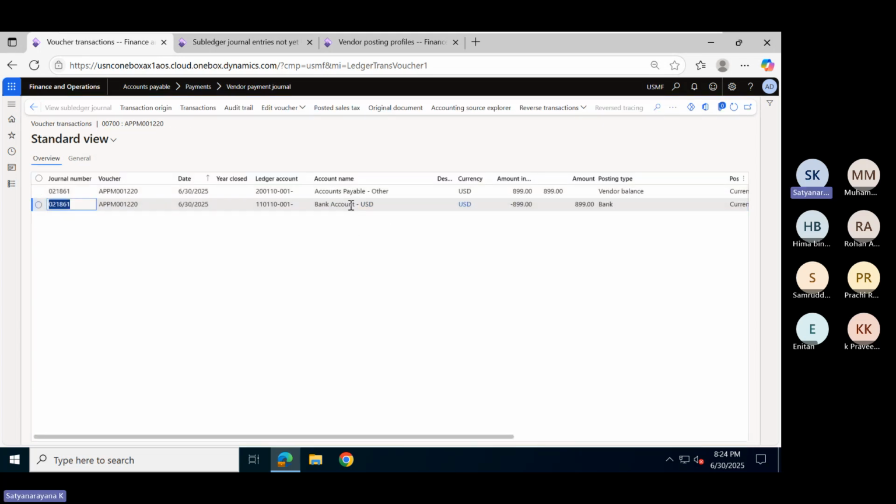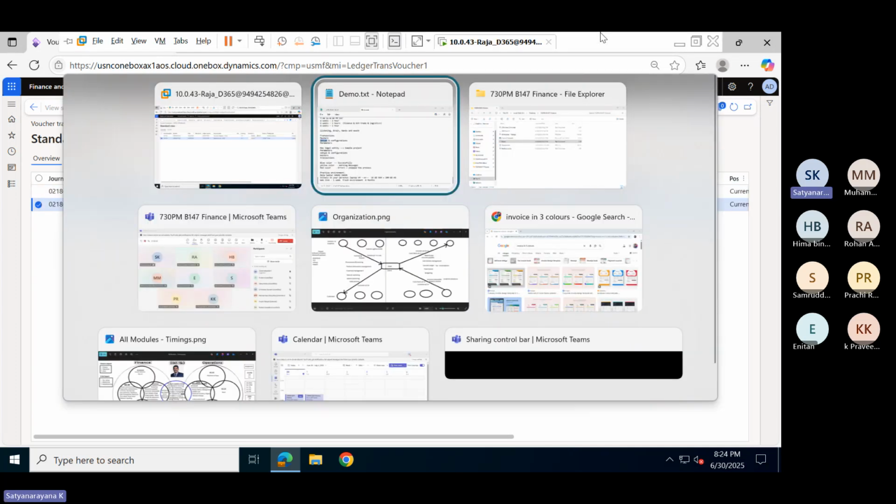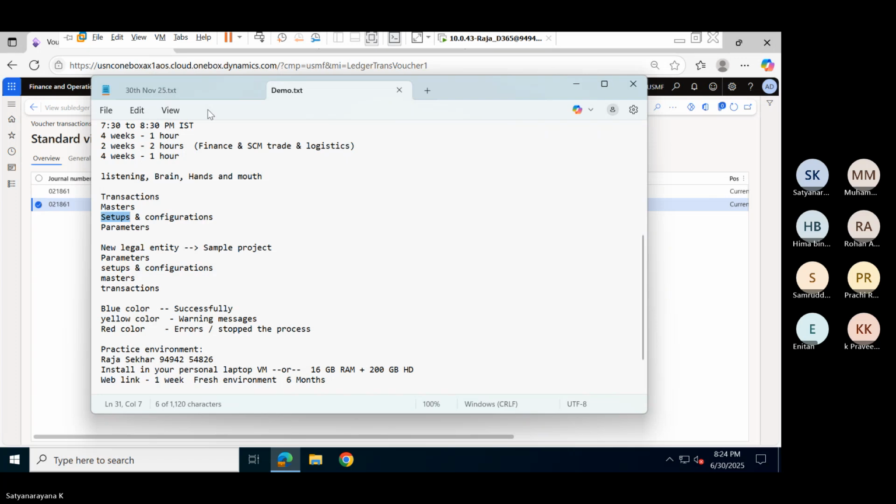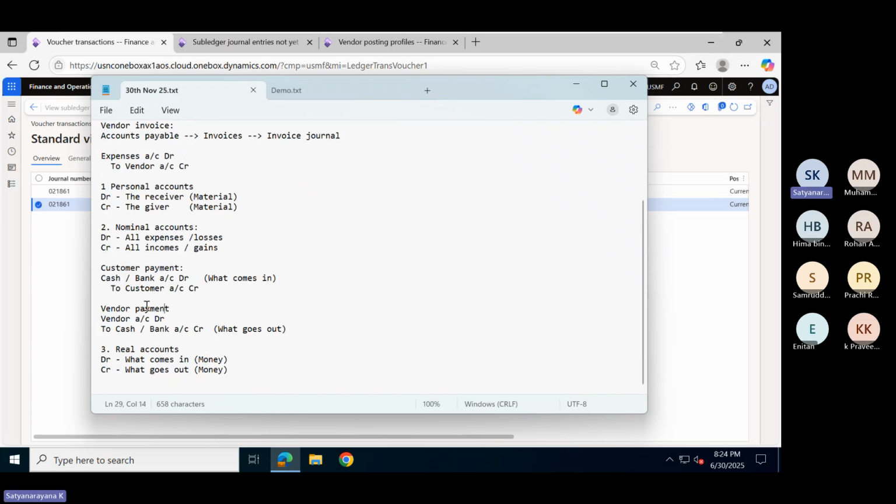Earlier it was cash, now it is bank. So vendor account debit, cash or bank account credit. Now it is bank account. That's what I have written here: at the time of vendor payment, vendor account debit to cash or bank account credit. If you are giving cash, your cash balance will decrease.